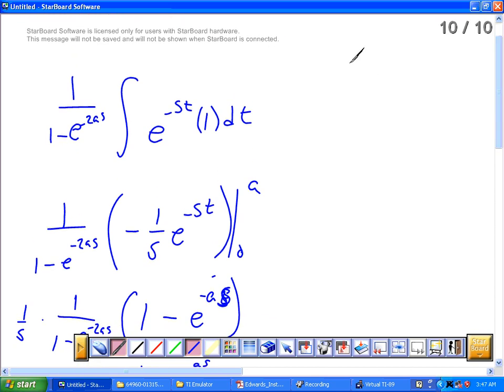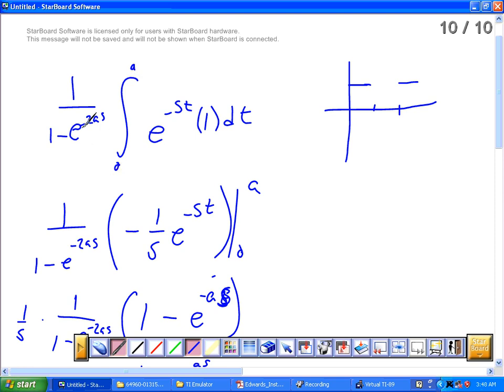So I start over on this guy. Think about it a little bit here. The period is actually 2a, because it doesn't repeat itself until you get to 2a. However, we want it to be 1 between 0 and a. We want it to be nothing between a and 2a. So as a result, we're going to integrate from 0 to a.